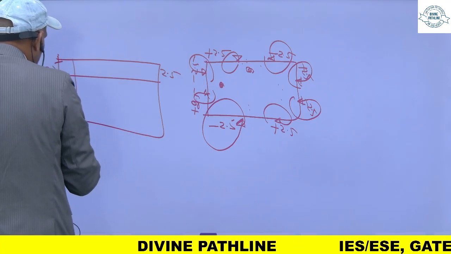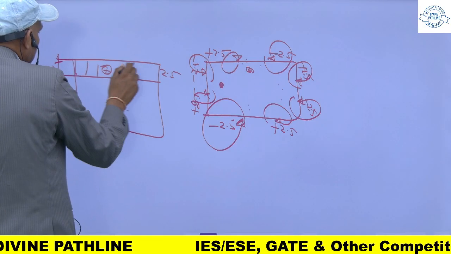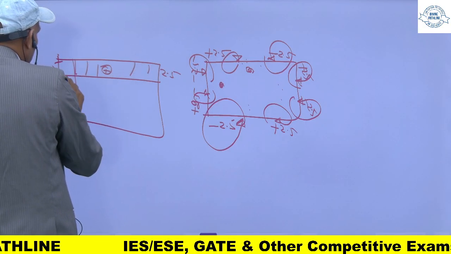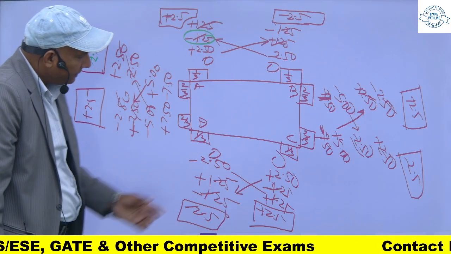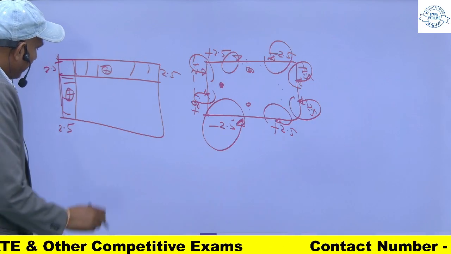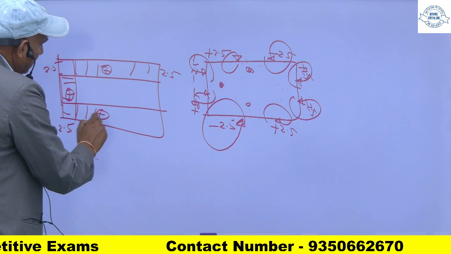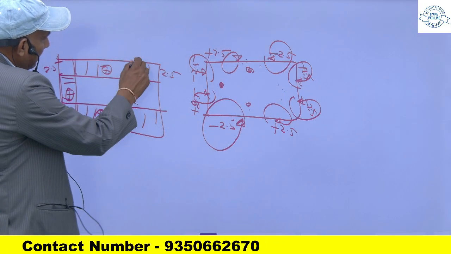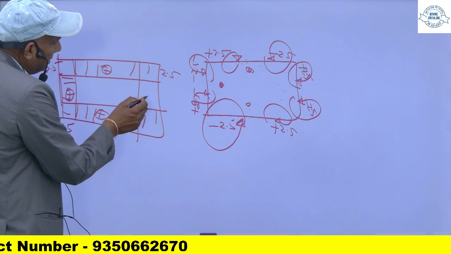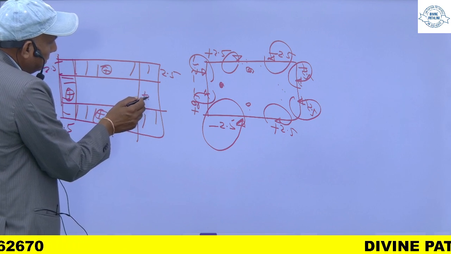This is 2.5 positive. If you stand here and you see, this is sagging, so this also is positive. And if you see from this point, it will be like this, positive.